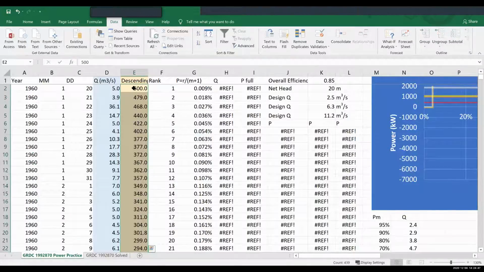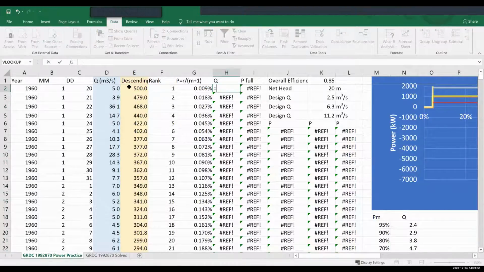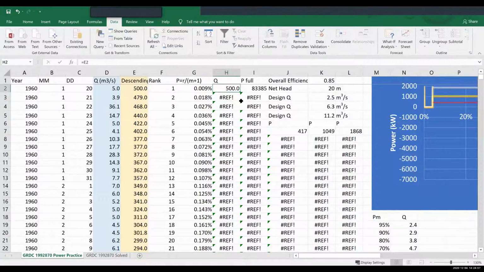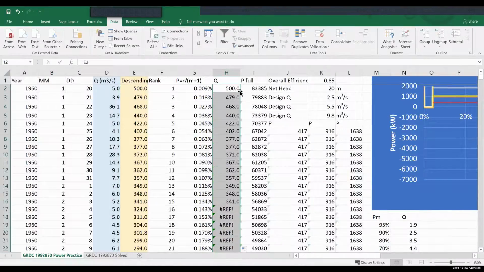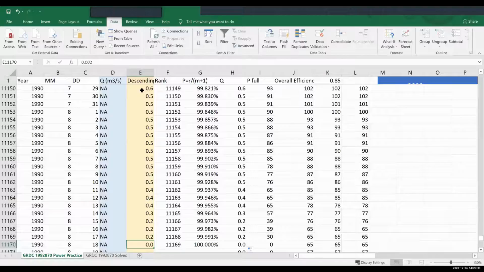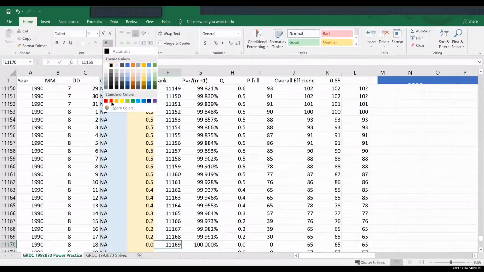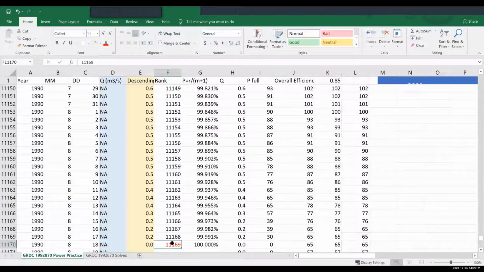The maximum discharge was 500 and the minimum is 0. This has 0 discharge also, and the total number of data available is 11,169.